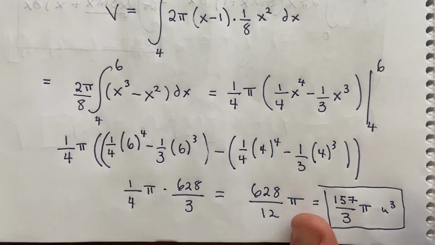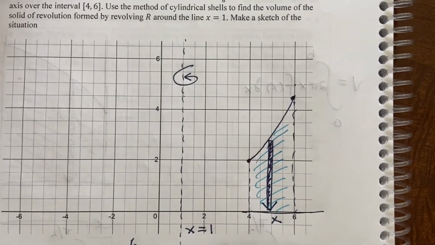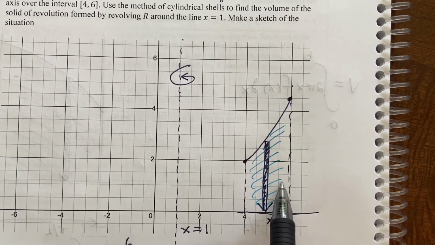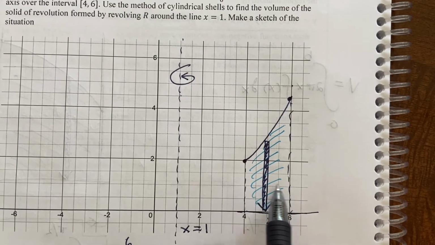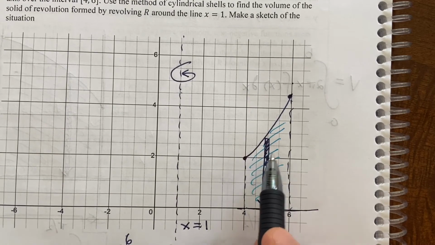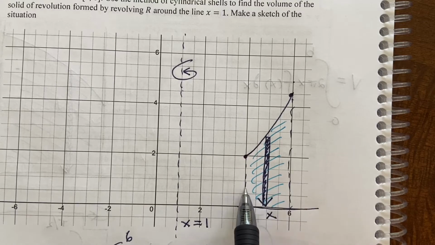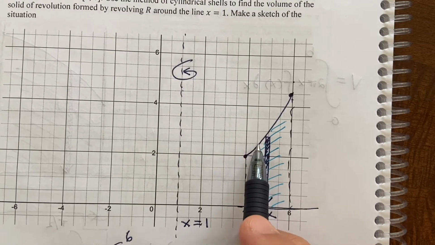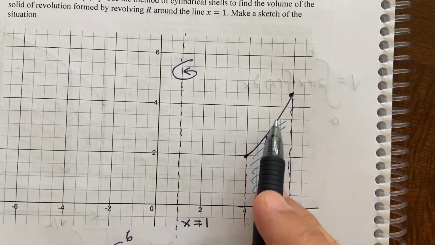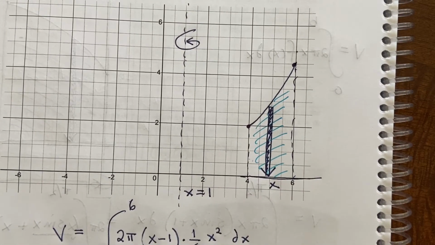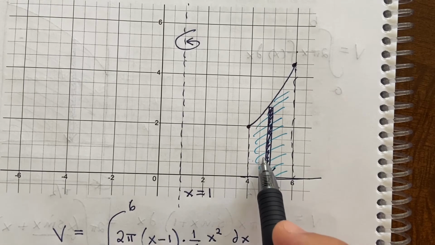Just to look back, if we were to use the washer method, we would have to use an integral through this space, and then a different integral through this space, because that inner radius changes, right? It's no longer just this constant function here, it's this part of the parabola. So you could do this with the washer method, you would just need two integrals.